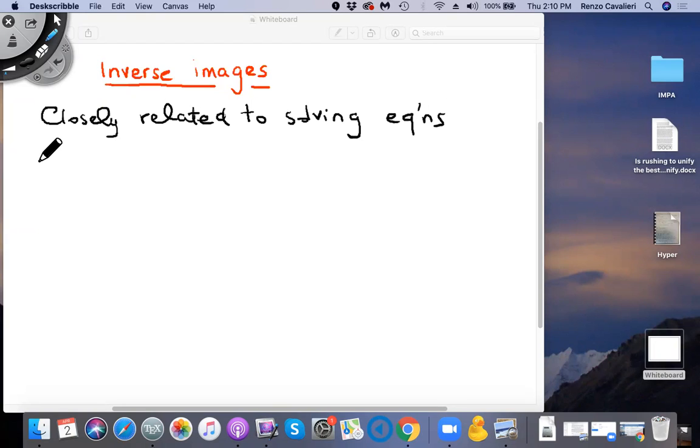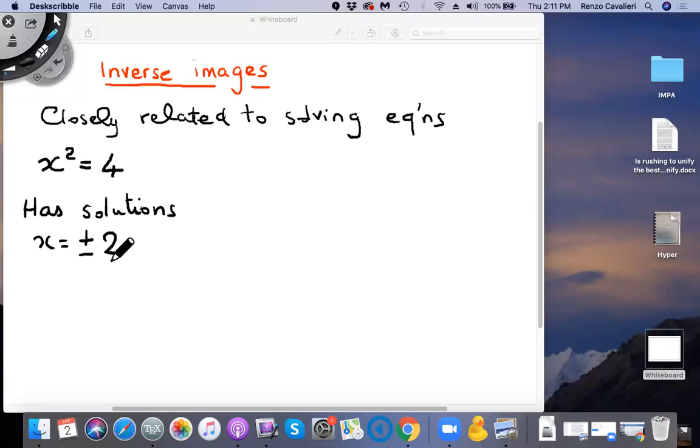Okay, let's do something that you've all known how to do since high school or even earlier, right? If I give you the equation x squared equals 4, none of you has a problem saying that it has solutions x equals plus or minus 2. It's an equation of second degree, and it has two solutions.